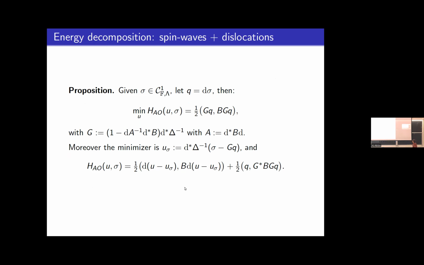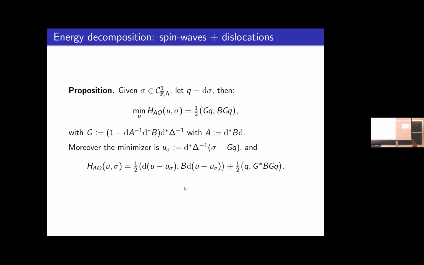So if you fix sigma, the minimum over U of the Ariza-Ortiz Hamiltonian at sigma fixed is just a function of Q, not of sigma. And it is this specific quadratic form in Q. G is an explicit but relatively complicated operator.